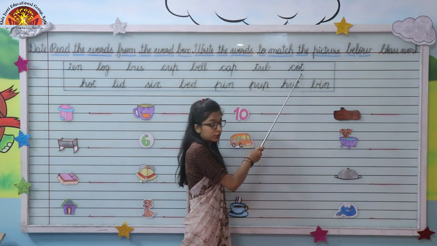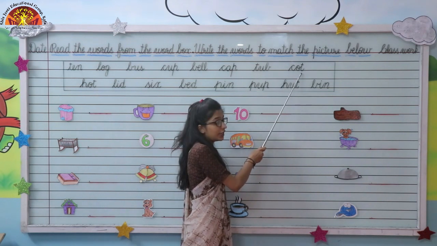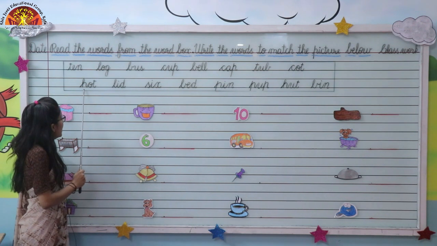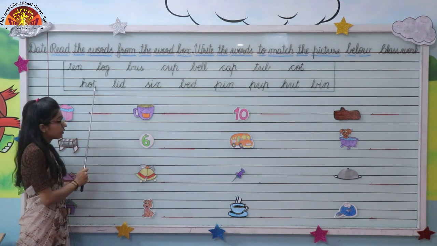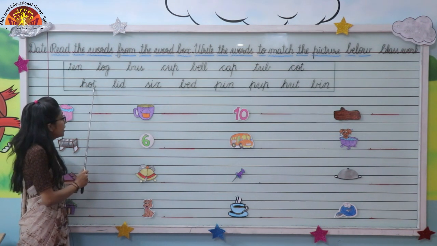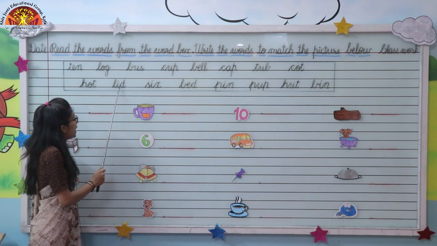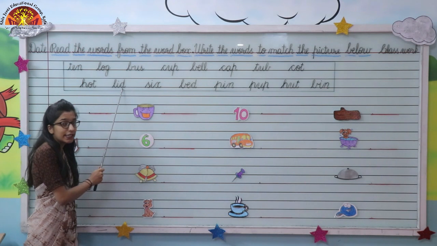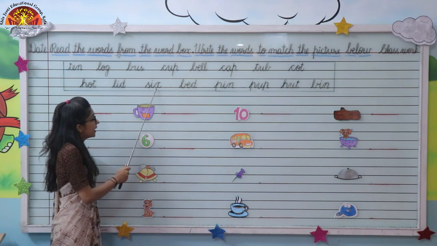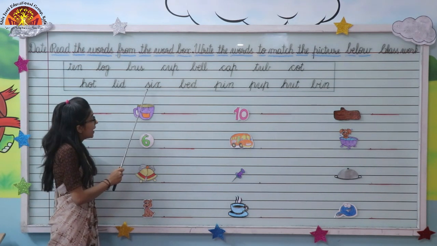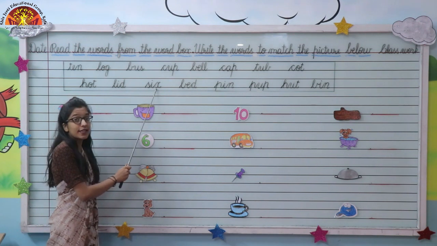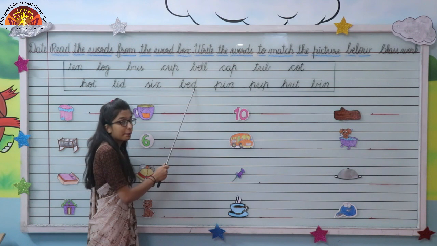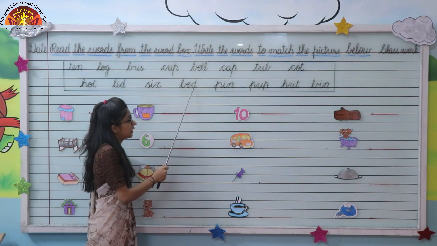C-O-T, cot. Come to next line. H-O-T, hot. L-I-D, lid. S-I-X, 6. Next word is B-E-D, bed.